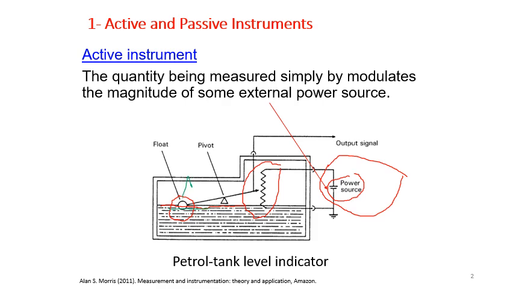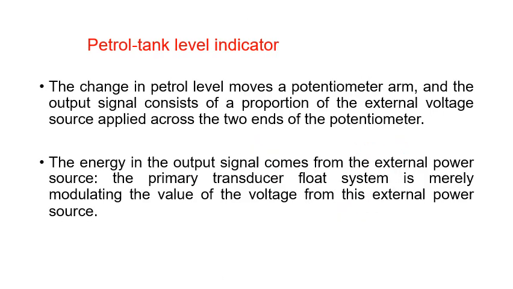When the float goes up or down, the value of the variable resistor will change, which will make a variable voltage on the output. So the output here will be voltage, not level. But the voltage on the output is proportional to the float. That's why we call it active. So in active sensors, usually we have a power supply. That's what I explained in the previous slide on the petrol tank indicator.